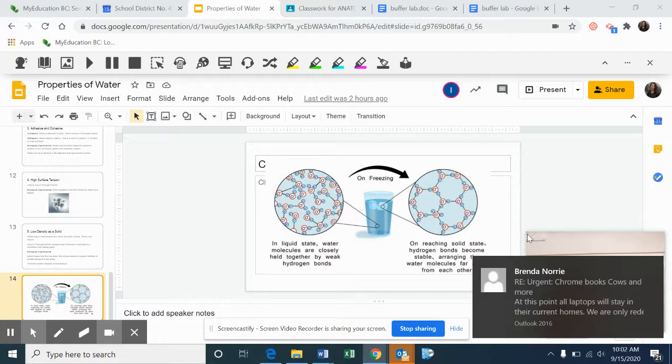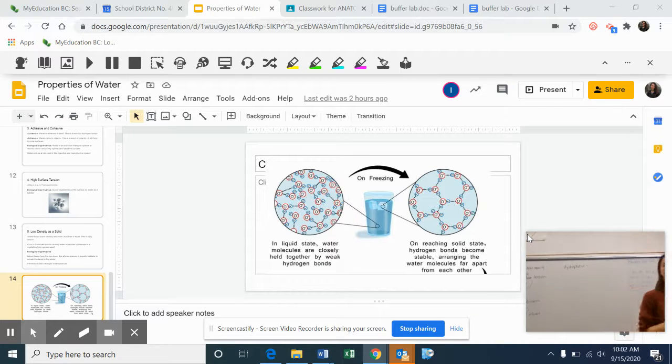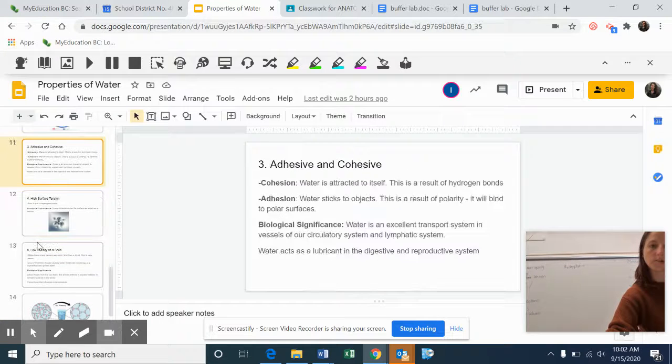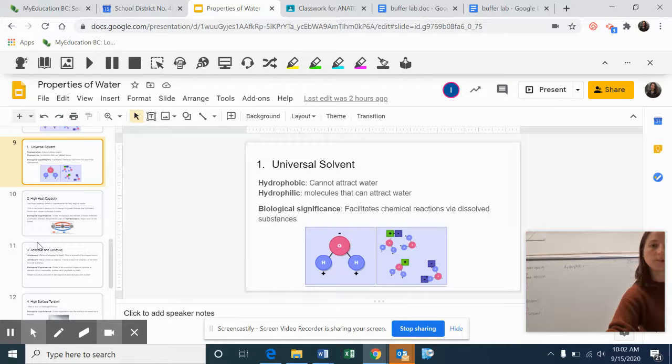So hydrophobic does not attract water. Sometimes we say afraid of water because phobic is like a phobia. And then the opposite of hydrophobic is hydrophilic.